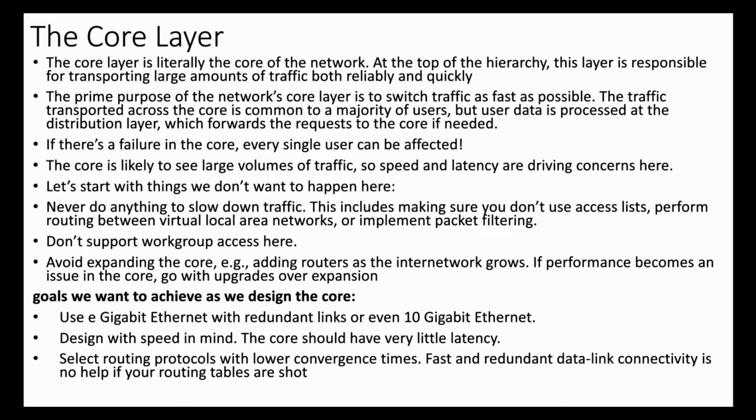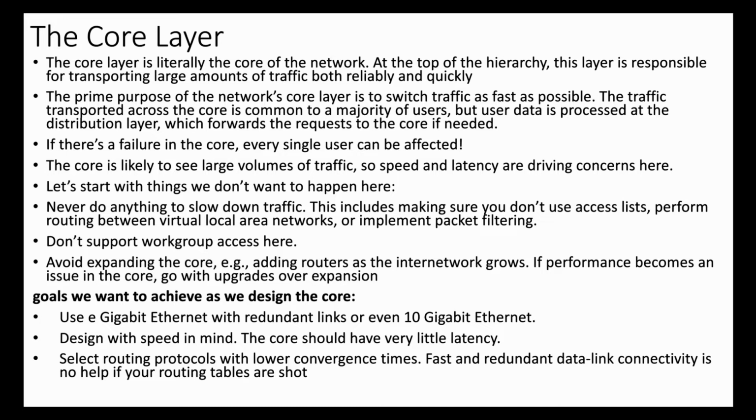If there is a failure in the core layer, every single user in the network can be affected. The core is likely to see a large volume of traffic, so speed and latency are driving concerns here. Let's start with things we don't want to happen here.